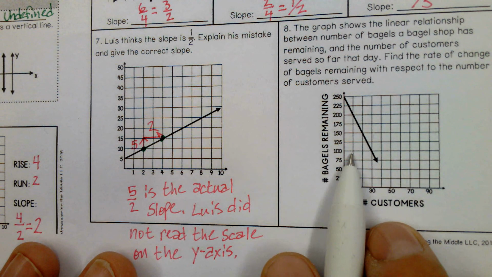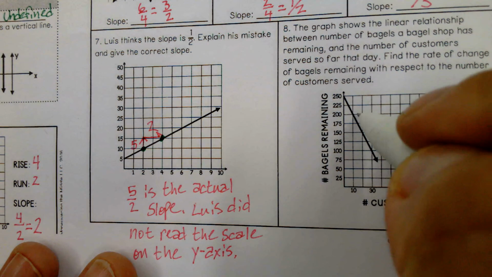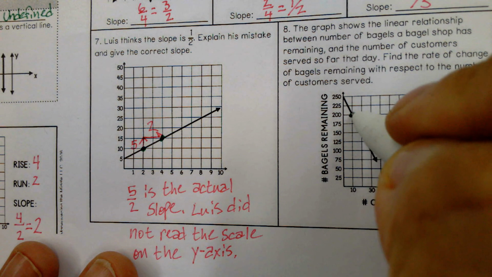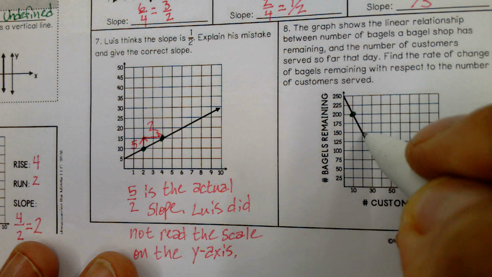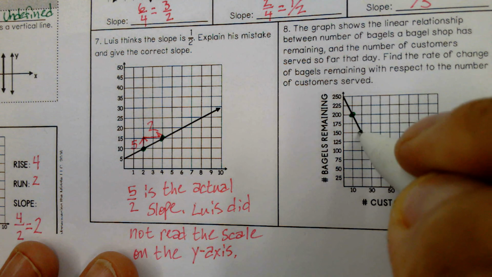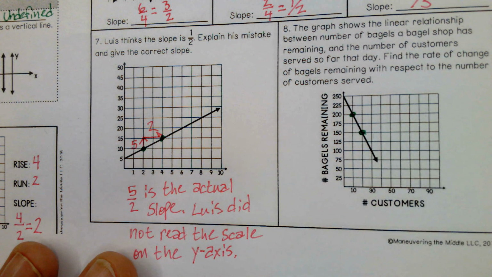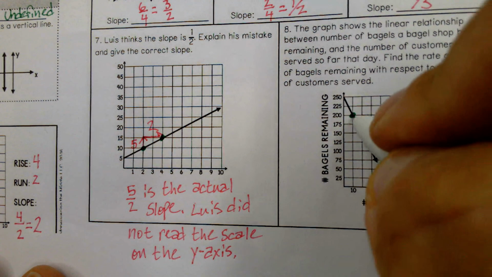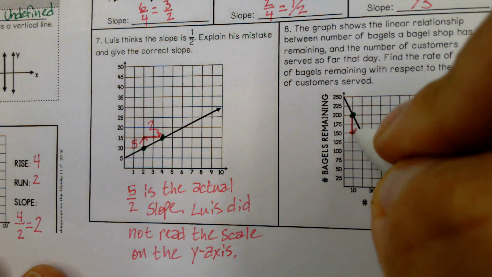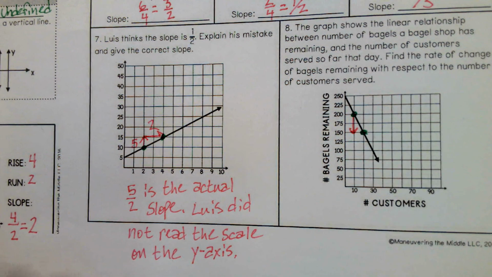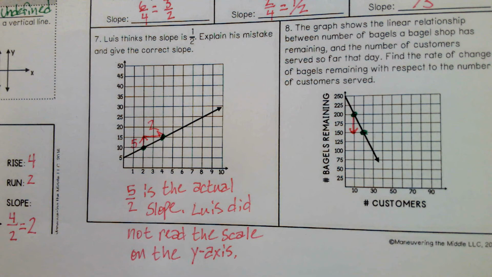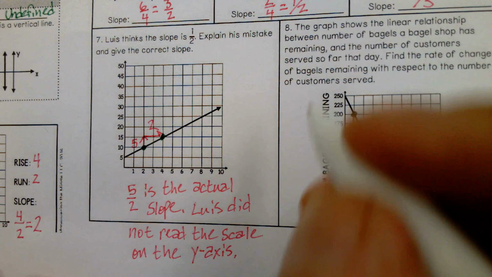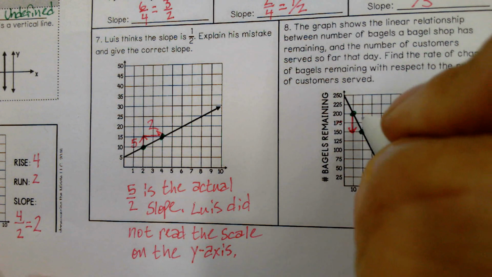Okay, so let's see here. Let's pick a couple of good points. Maybe this point here and this point here. And let's see what that gives us. So on bagels remaining, it went down by how much? -50.